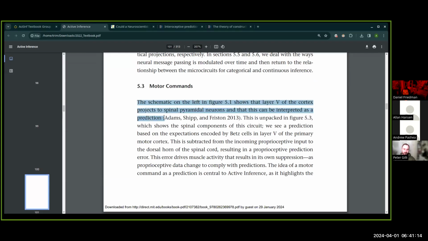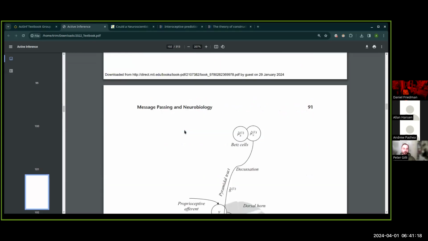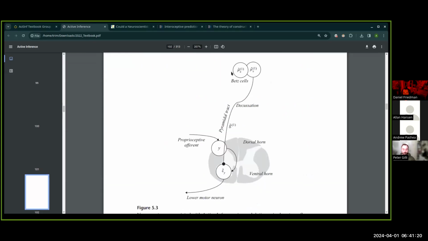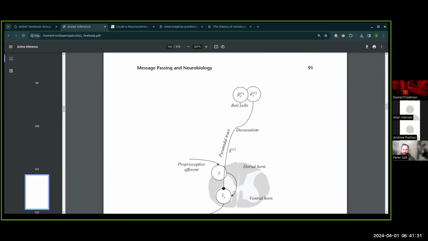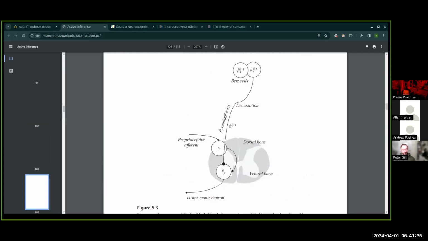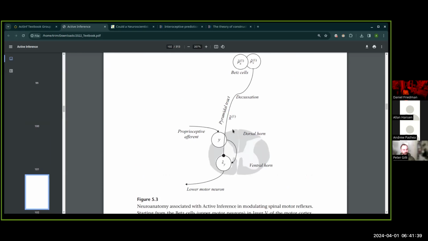Here's the projection down. Now we're going to go from mu tilde here, basically. The Betz cells, might be interesting to look at them, sending down the pyramidal tract.